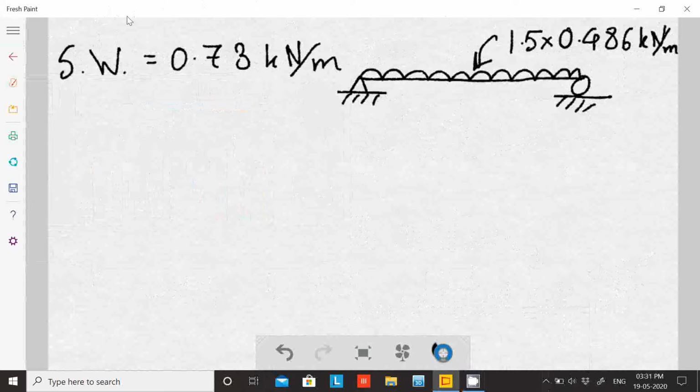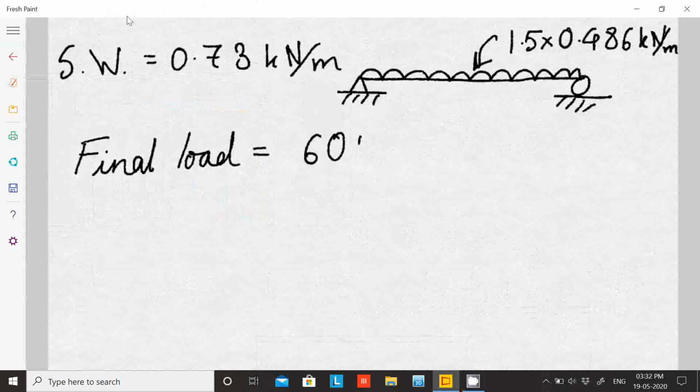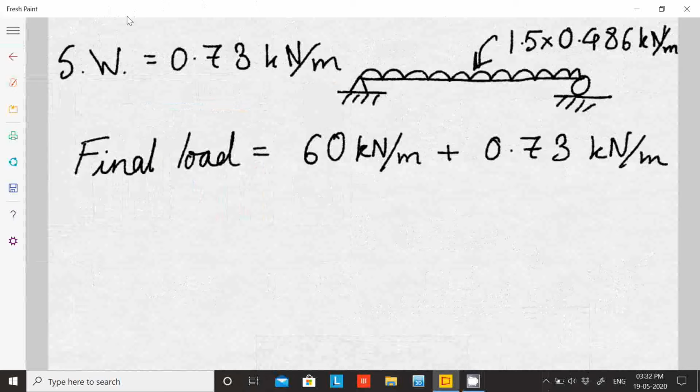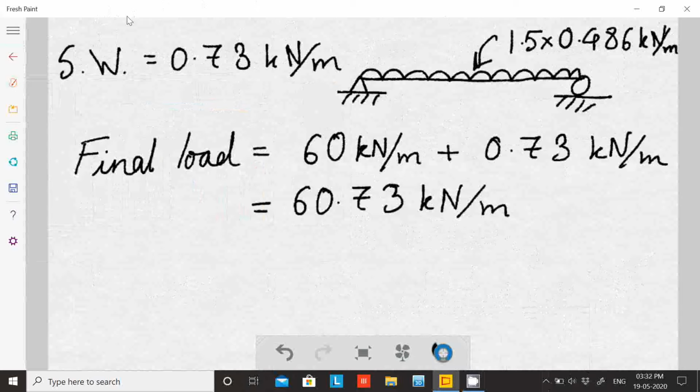So the final load is equal to initially 60 kilonewton per meter plus this 0.73 kilonewton per meter, so ultimately it is 60.73 kilonewton per meter.